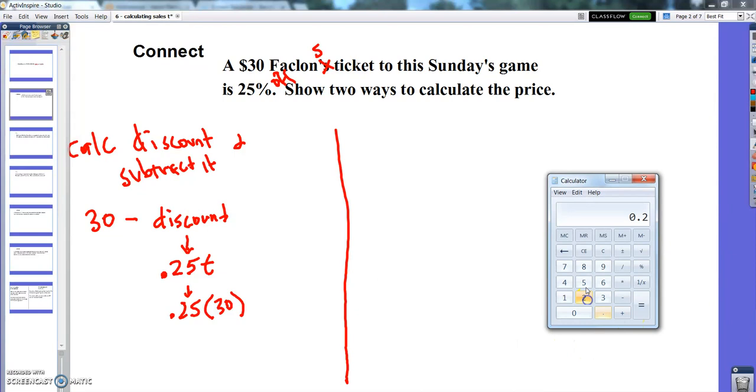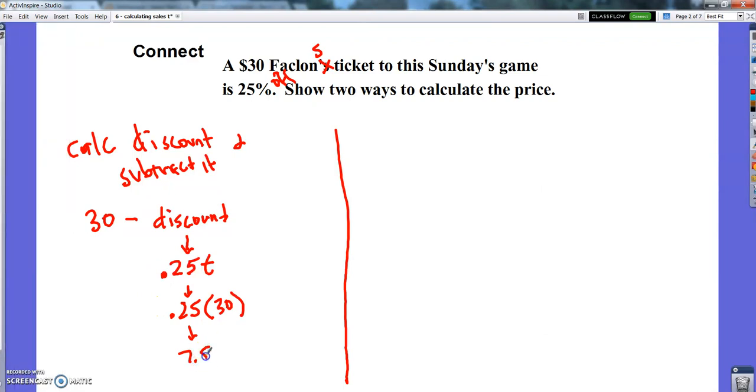It is $7.50. And so I would do 30 minus $7.50, find the discount and subtract it, and it would be $22.50.